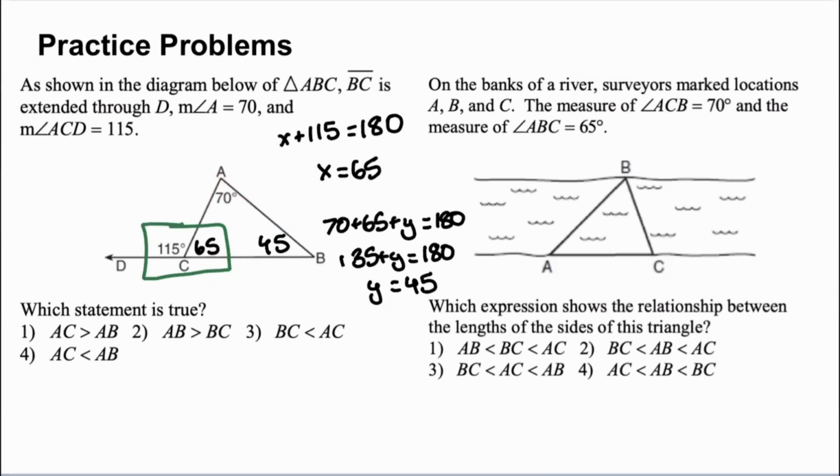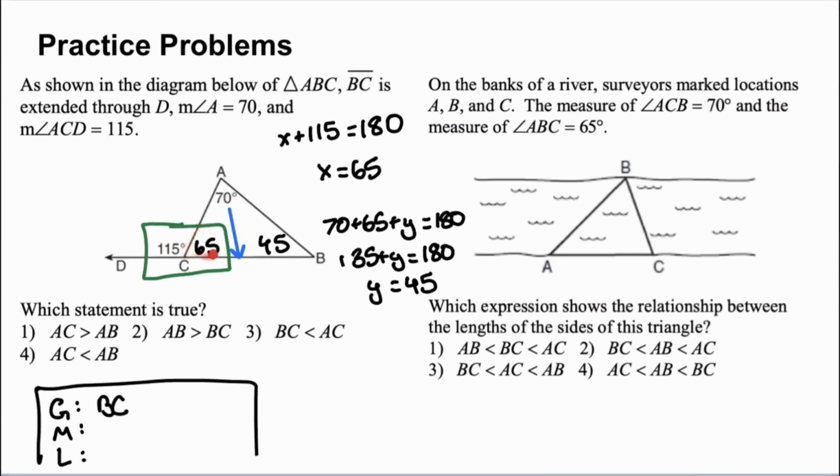So I'm going to label in this little box what is the greatest, what is the middle, and what is the least side length value. If I take this 70 and see what's directly opposite, we see that it's this line segment BC. That's going to be our greatest.